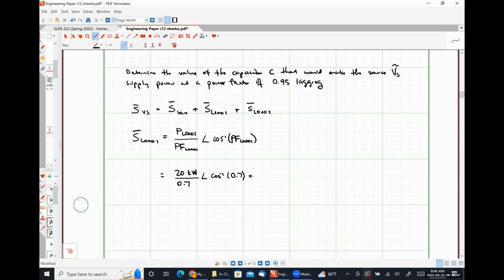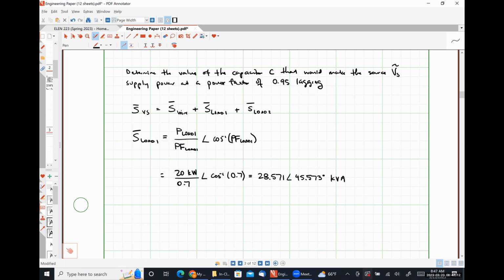Which I get to be 28.571 kVA with an angle of 45.573 degrees. Is that angle supposed to be positive or negative? Positive. Why? Because it's lagging.